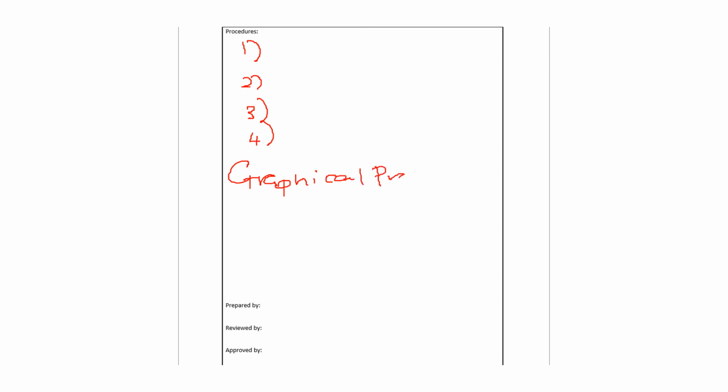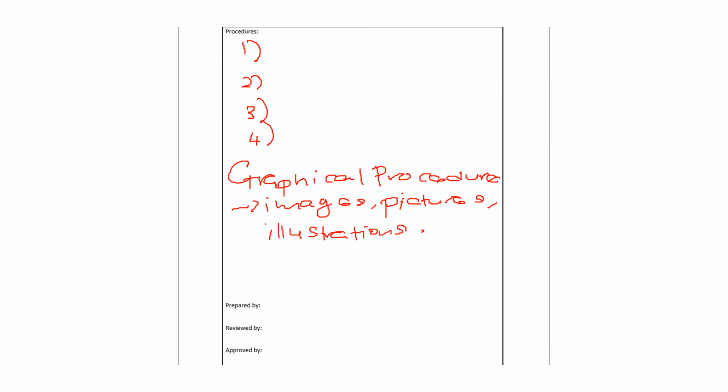Graphical procedure here meaning that you are going to write your SOP with the help of images, so you're going to use images or pictures, or maybe you're going to use illustration. You can write it using this approach, or you can write your SOP using the hierarchical one. That is how you're supposed to prepare your SOP.